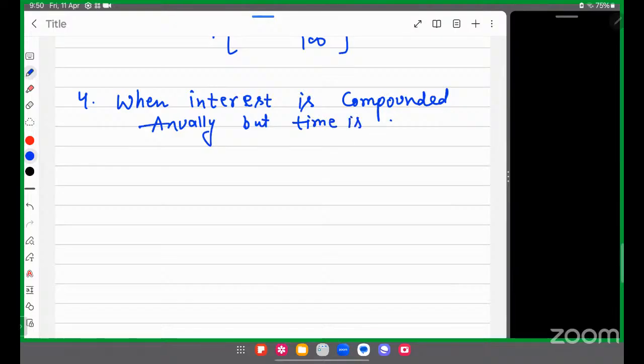Time is in fraction. Let me write the fraction as n and p by q. Like we have 3 and 2 by 5.